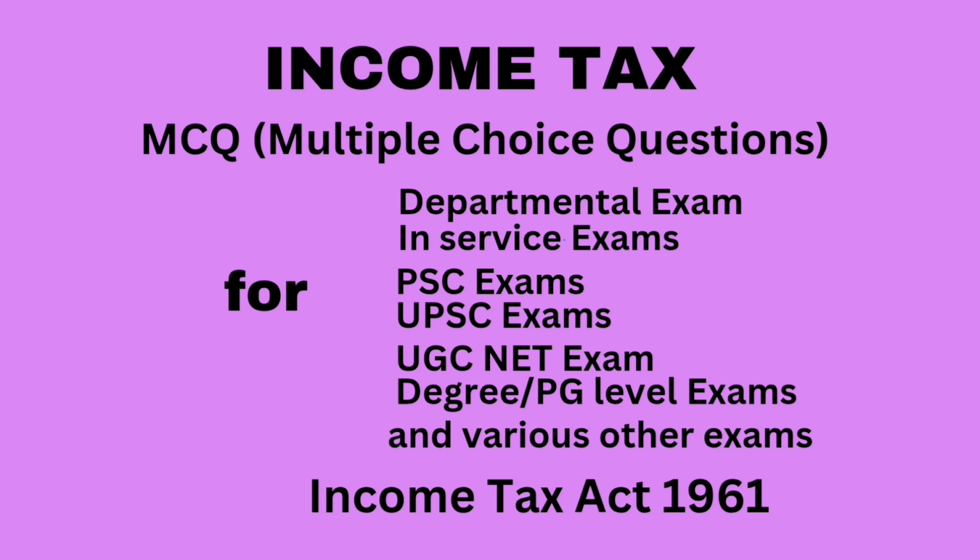Option B, the amount received or deemed to be received in India on account of carriage of passengers, livestock, mail or goods shipped at any port outside India. Option C, both the amounts mentioned in A and B above. Correct answer, option C, both the amounts mentioned in A and B above.